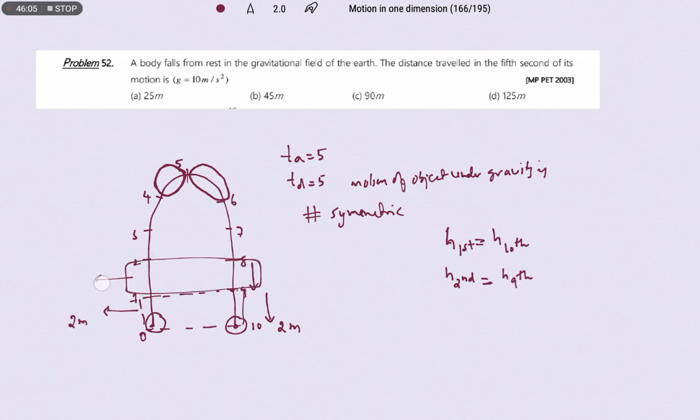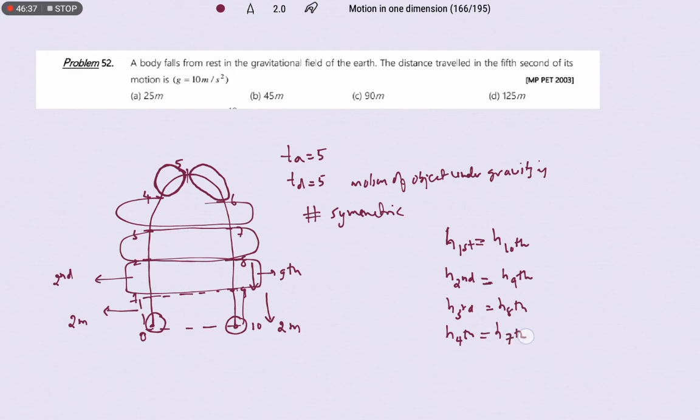So this is the second and this is the 9th second, right? Next, distance travelled in the third second, that means from 2 to 3, is equal to the distance travelled in the 8th second. Next, distance travelled in the fourth second is equal to the distance travelled in the 7th second.